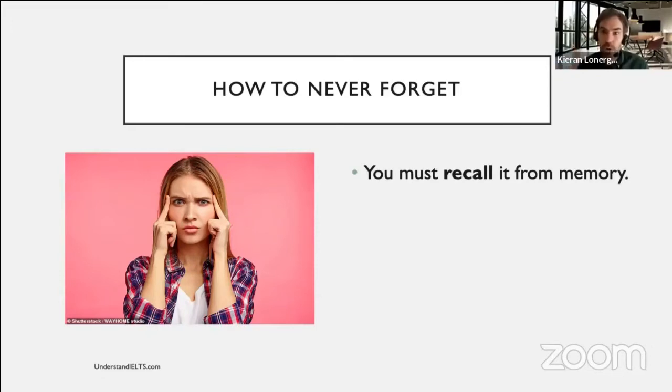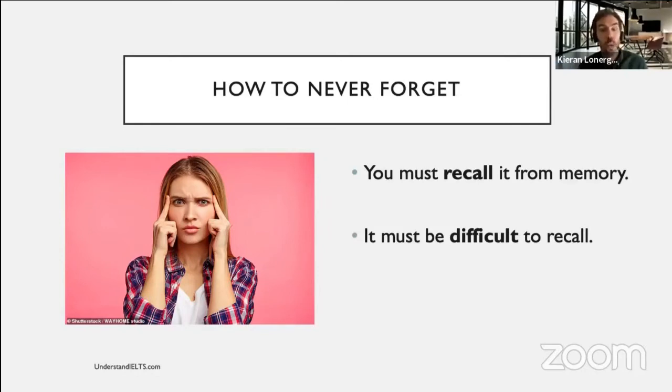No. What you need to do is remember it again and again and again. In other words, you need to recall it from memory. On top of that, it must be difficult to recall, but not impossible. If your brain has to work really hard to remember something and you remember it, then that memory next time will be much stronger.